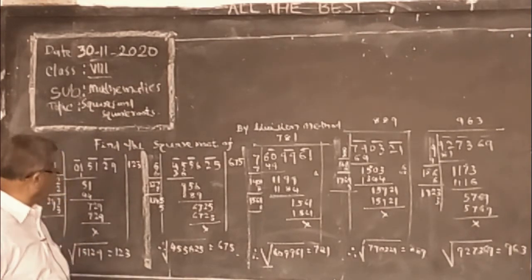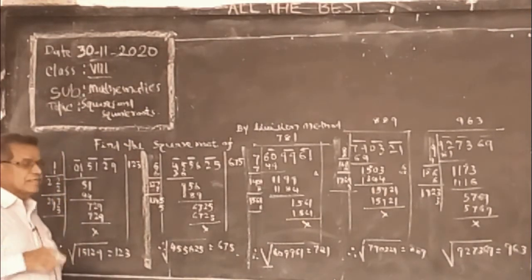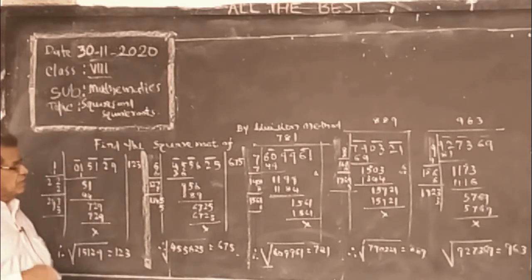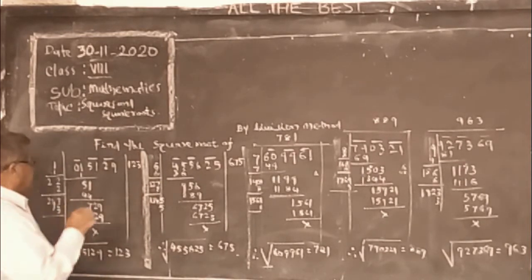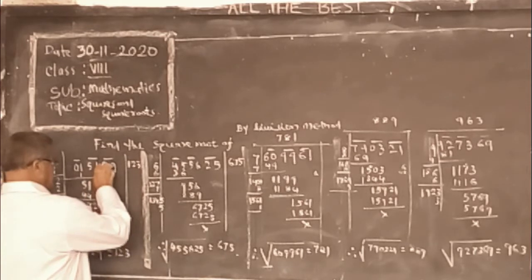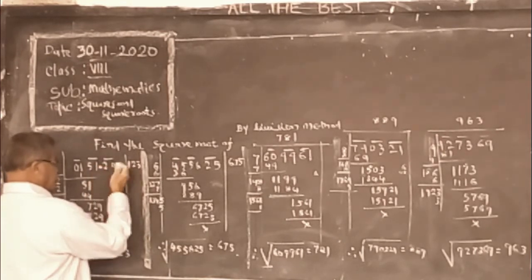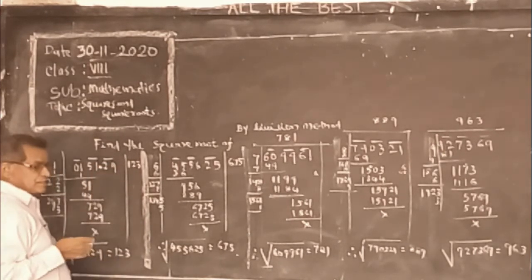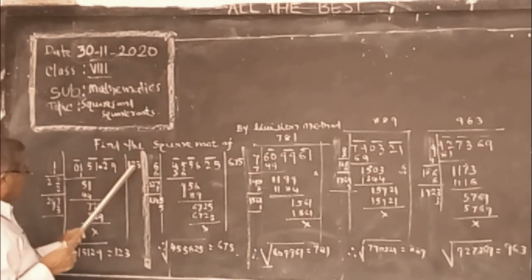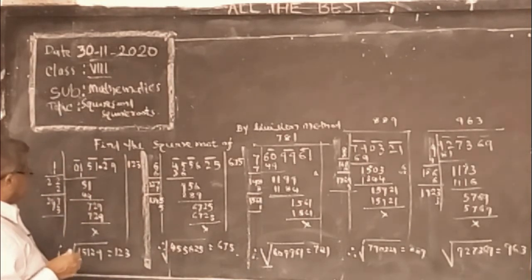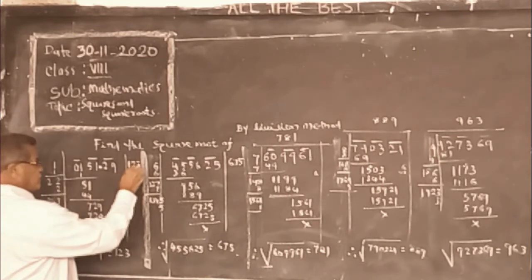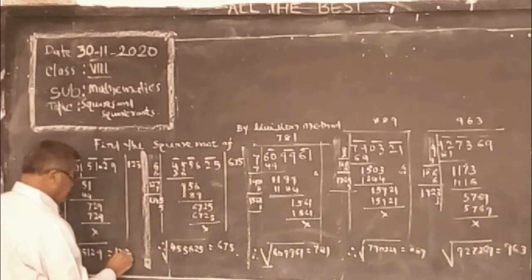Now, if decimals are given, first of all I will take a decimal, I will put it here from the last 2 digits. The square root we get 1. So here 1.